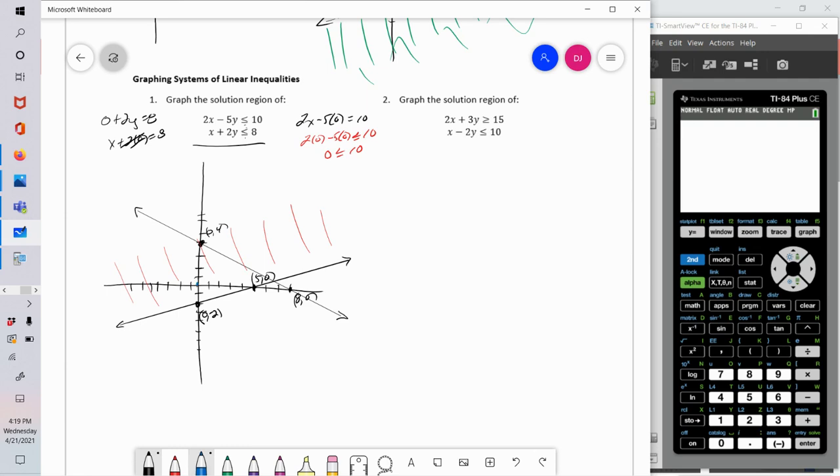Here's my origin. If x and y are both 0, is it true that 0 is less than or equal to 8? That's true, so I'm going to shade toward the origin.